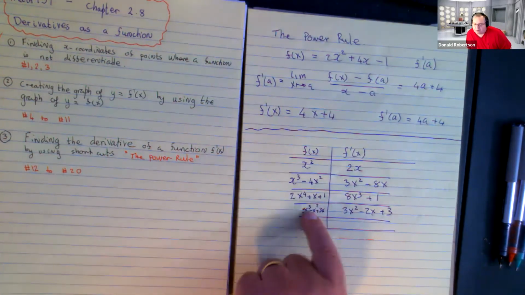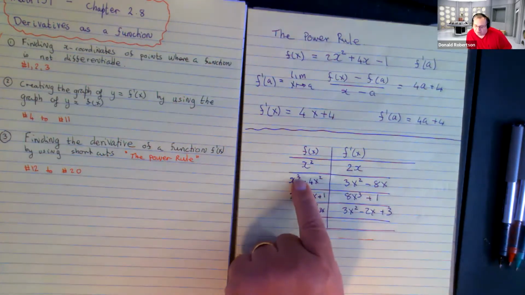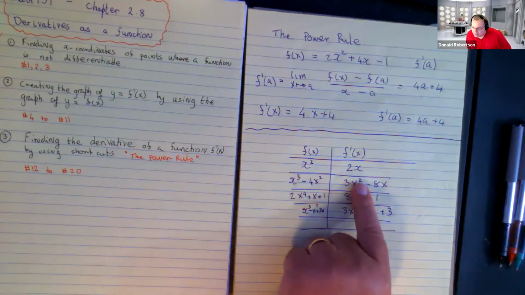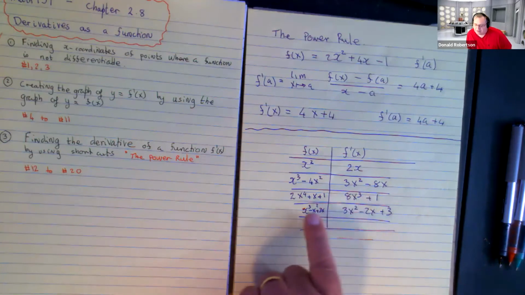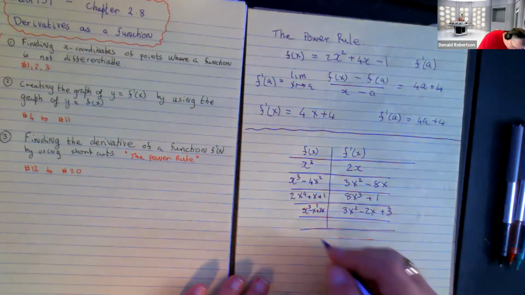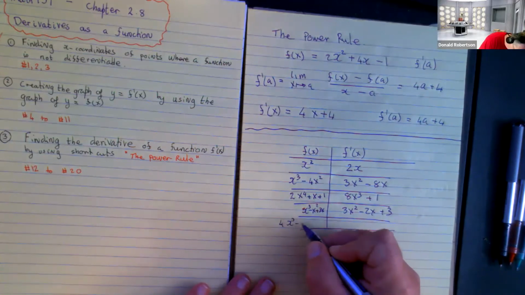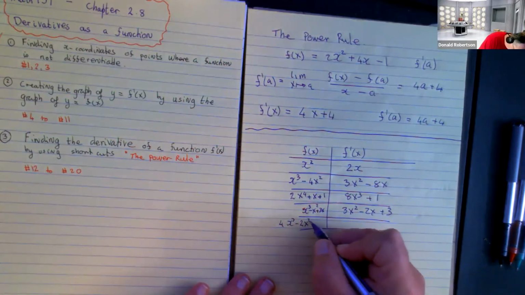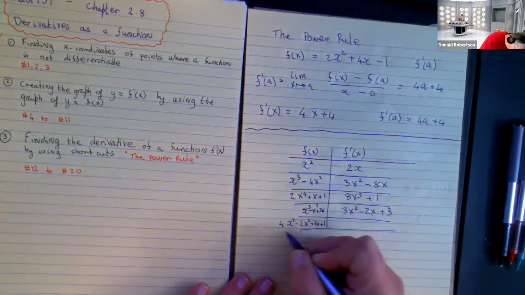They are not random. There is a connection between the original function and what the final derivative looks like. So, 4x cubed, take away 2x squared, plus 7x, plus 1.